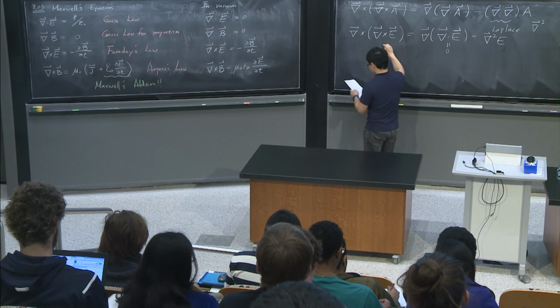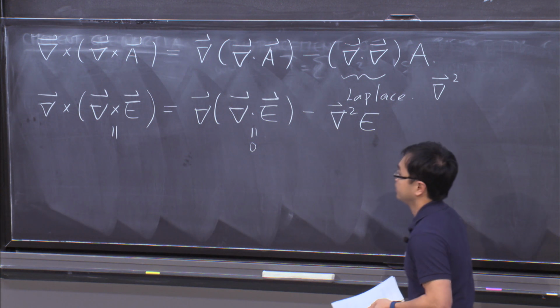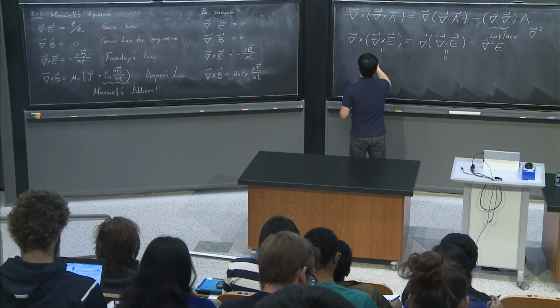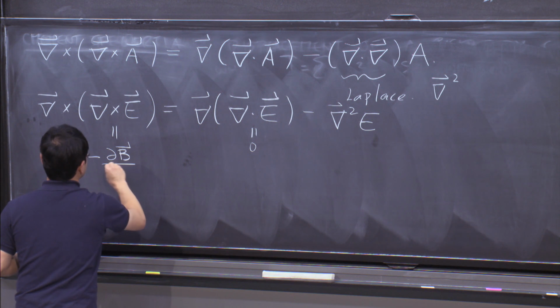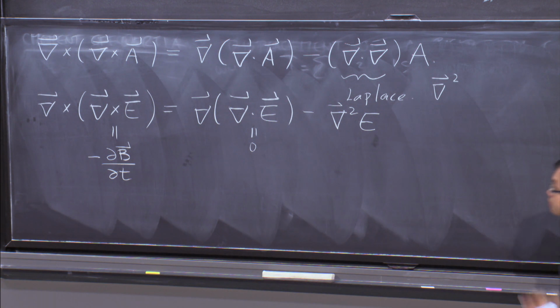And you can also take a look at here. We have curl of E according to this formula. Basically, you can conclude that this will be equal to minus partial B partial T, according to Faraday's law. Okay?